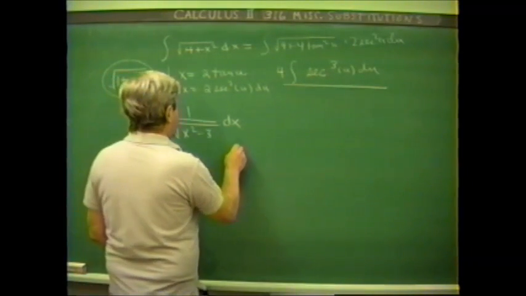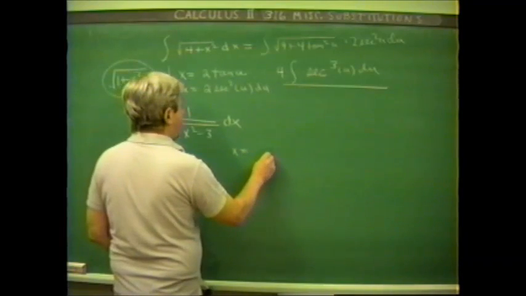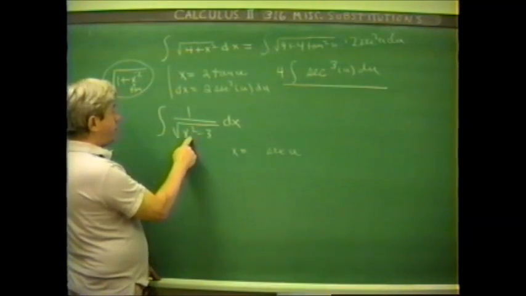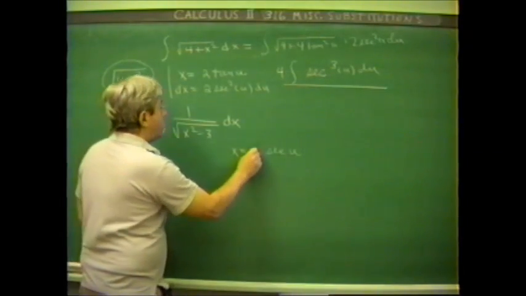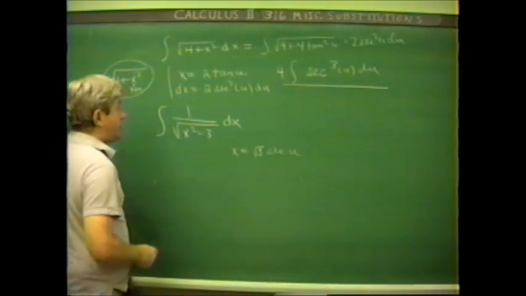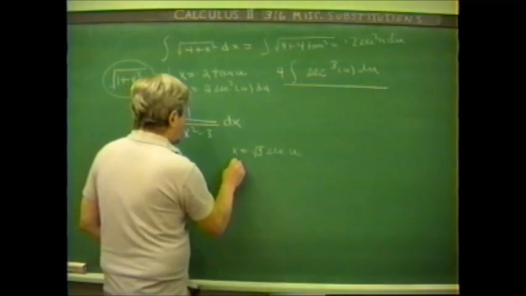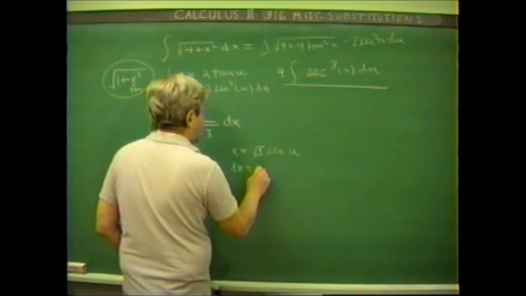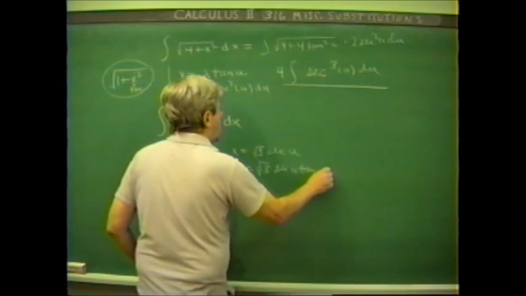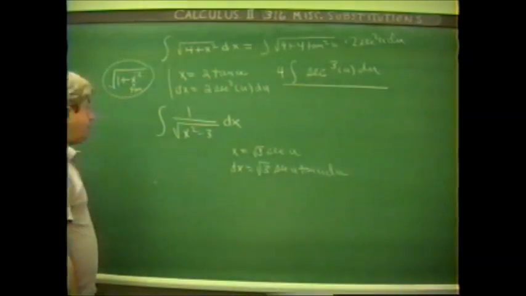So if I let x be equal to secant u, that's not quite right. When I square this, I'm going to get secant squared minus 3. So let me make this square root of 3 secant u, so I get 3 secant squared minus 3. Then dx is equal to square root 3 secant u tangent u du.